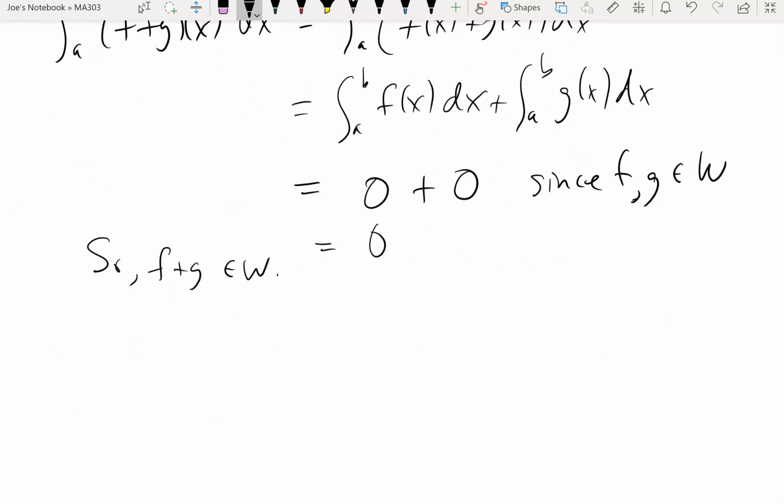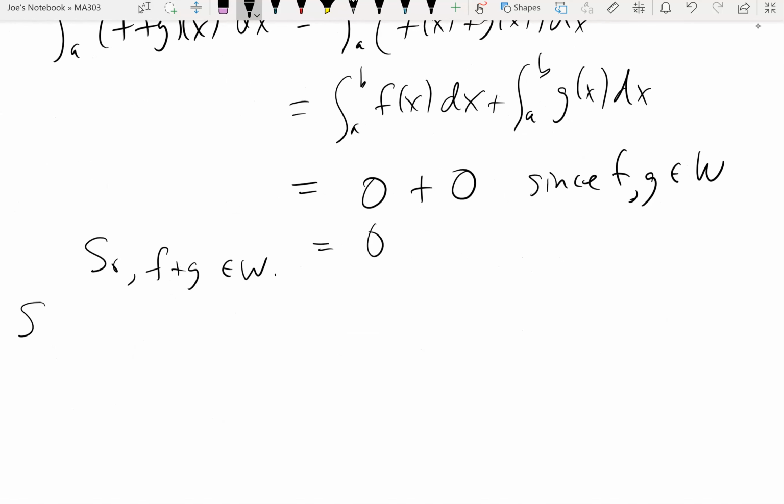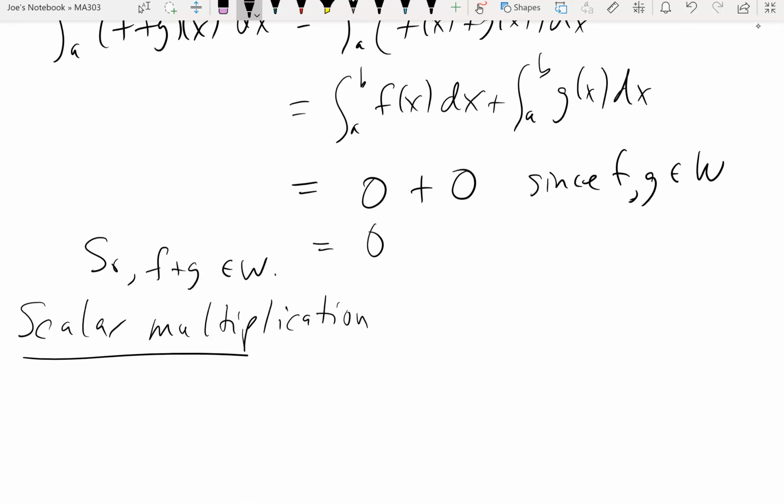Let's do scalar multiplication. What do we need to show for scalar multiplication relative to this problem? Let's actually put it in context.